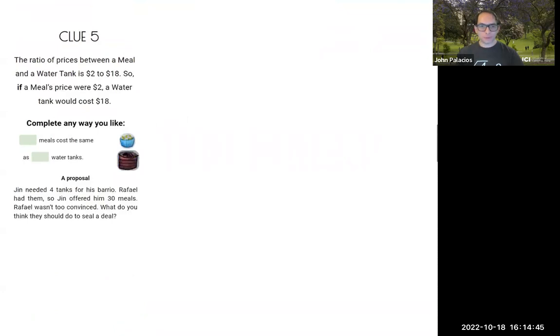So for clue number 5, $2 worth of a meal is equal to $18 worth of water tank. So this means roughly that $1 worth of meal is worth $9 of water tank. So K meals, and K is going to be the number of meals, costs the same as K over 9 water tanks.